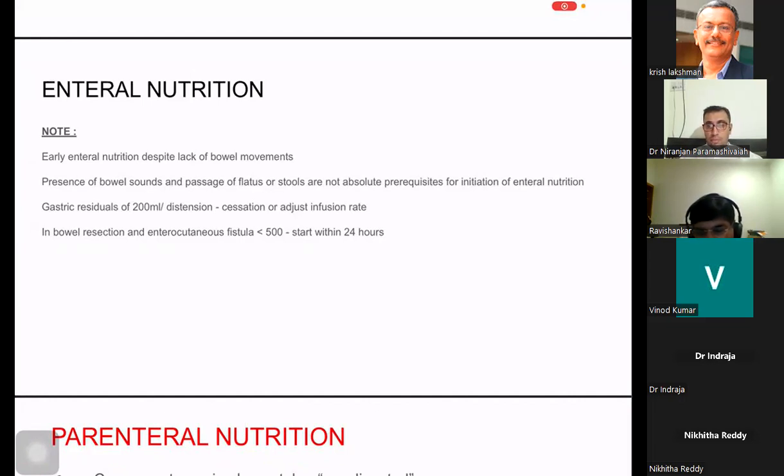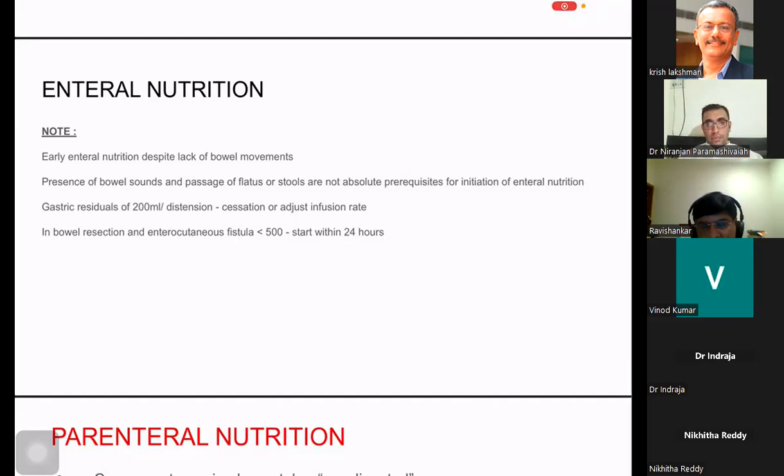So we can start at 10 to 20 ml per hour, sir, and we can increase up to 75 ml per hour. Why only 75 ml? I'm not sure, sir.